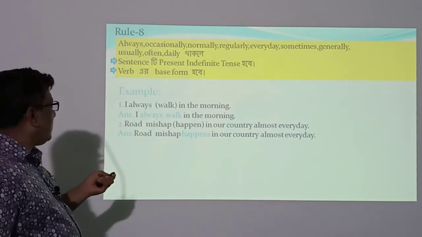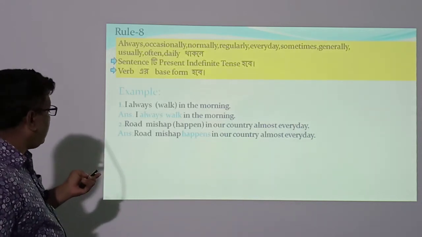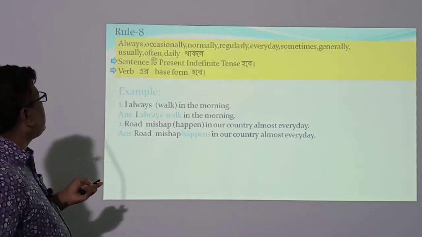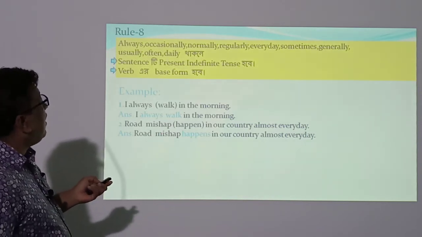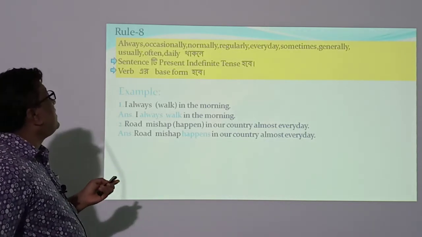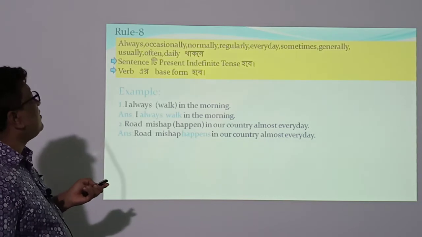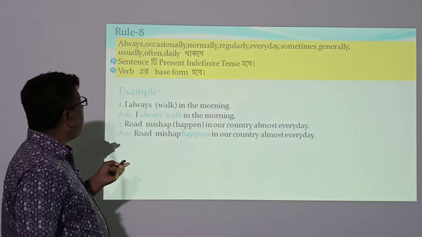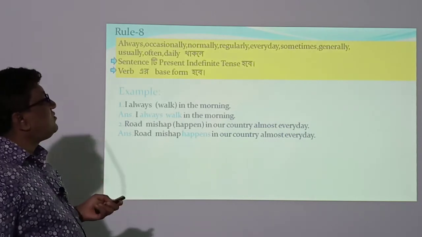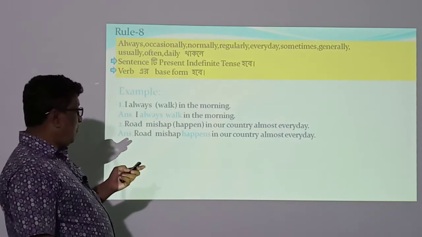This subject, road mishap, is third person singular. As it is third person singular, the verb will take s. Happen will be happens. So the correct answer will be: road mishap happens in our country almost every day.